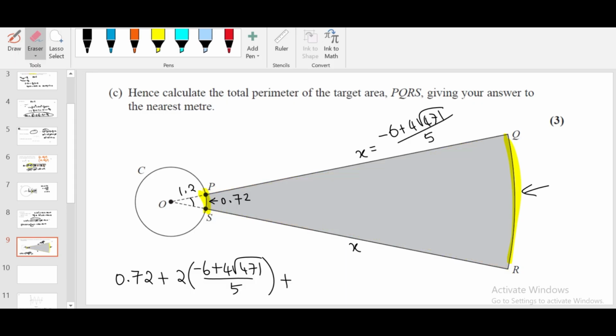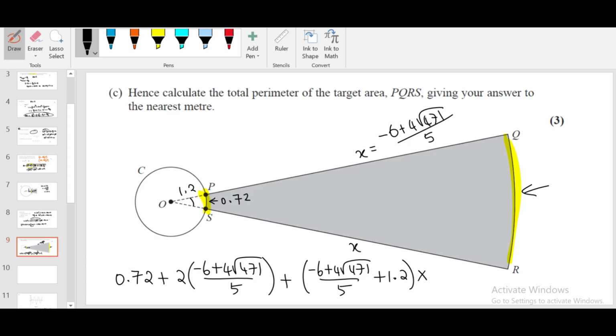How do we find this arc length? R theta, the radius is X plus 1.2. So X is this plus 1.2 times the theta. The theta was given as 0.6 actually. So if you calculate this, you will get the perimeter.